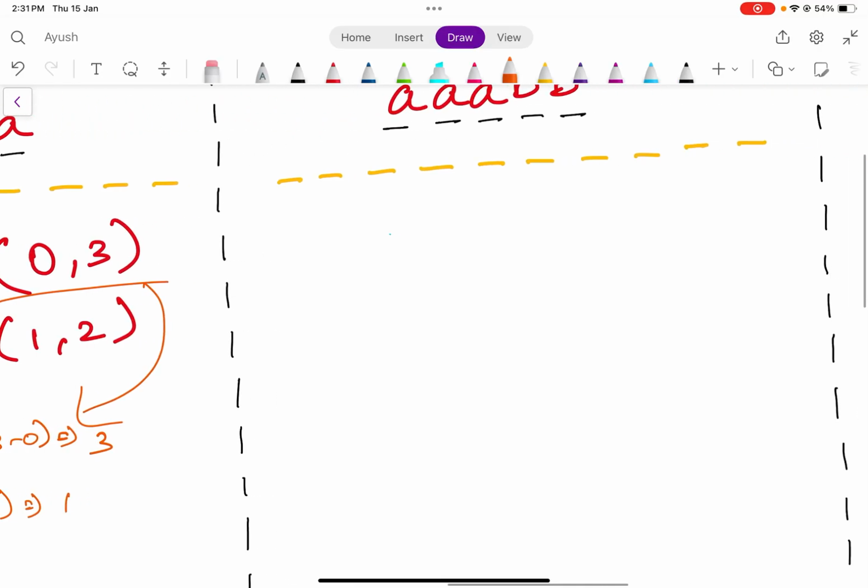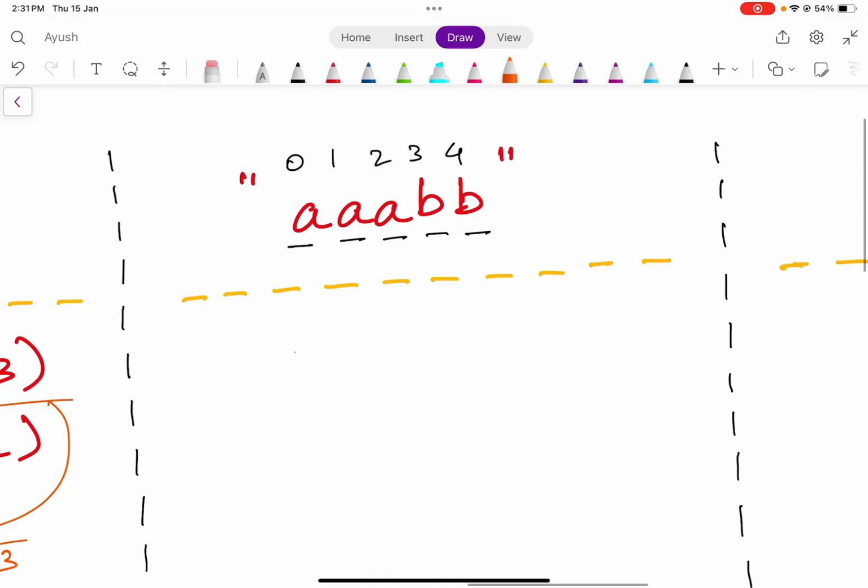We'll go to the third one. Here we are given 5 characters in the string. The characters that are equal in this string are A and B. What are the index differences that the A's hold? One is 1 minus 0, the second is 2 minus 1, and the third is 2 minus 0.